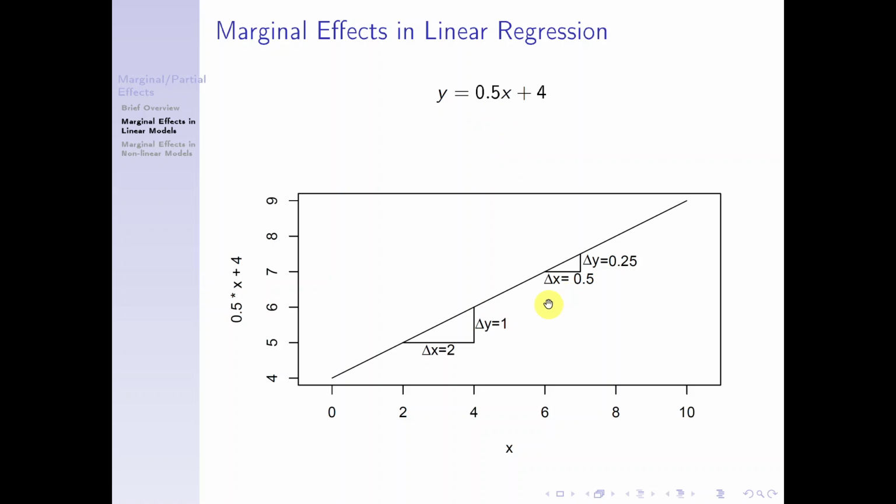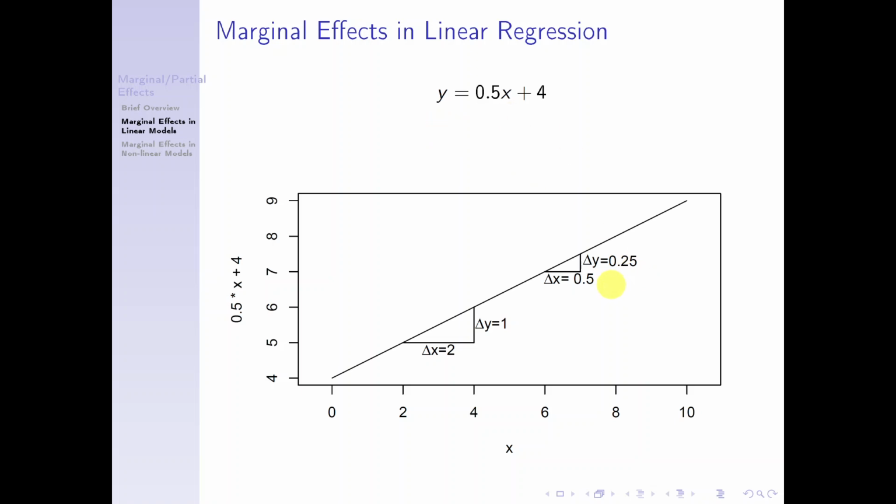A lot of people say, well, let's change the amount of change in x. So let's change delta x to be equal to 0.5. So let's say we change x from, let's say, 6 to 6.5. Then what is the amount of change in y? Well, delta y turns out to be 0.25, if you perform the computation. Again, we take a ratio.